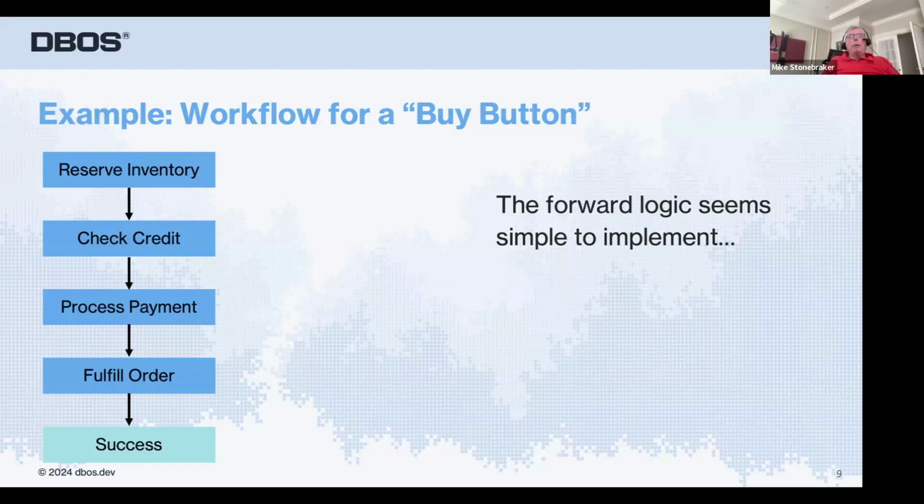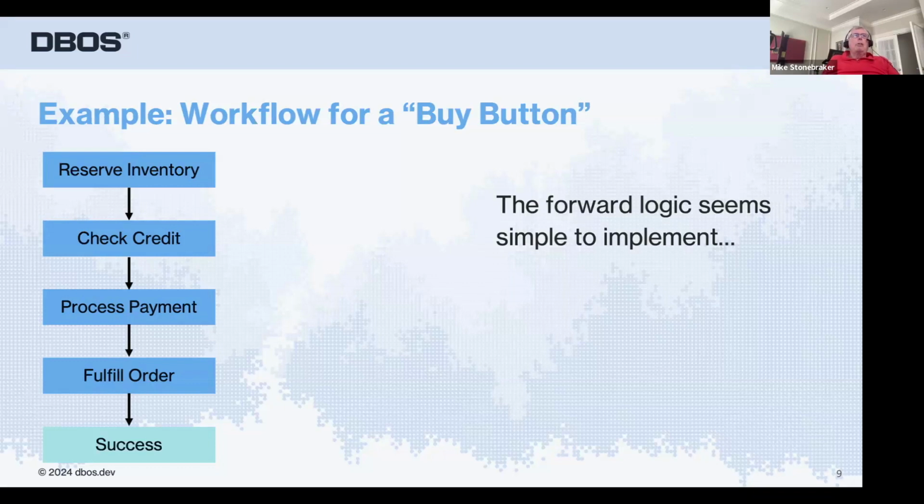Now we're assuming that you're not allowed to sell stuff you don't have. So you don't get to do what Amazon does, which is usually ships within 24 hours. So you've got to reserve inventory. So assume you can only sell stuff you have.